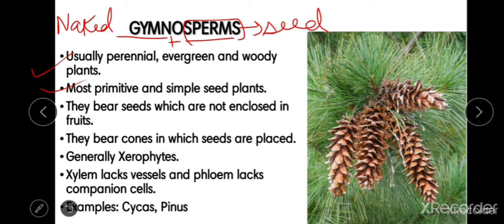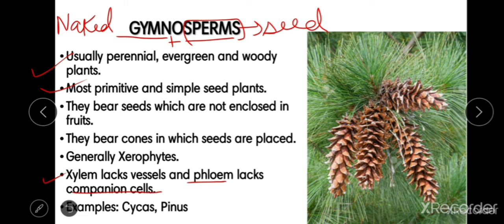For example, xylem lacks vessels. If you remember, we have learned in the chapter on tissues that xylem has four components: xylem parenchyma, xylem fiber, vessels, and tracheids, which are all meant for conduction of water and minerals. But gymnosperm species lack vessels. Similarly, phloem also has four components, but it lacks the companion cells.